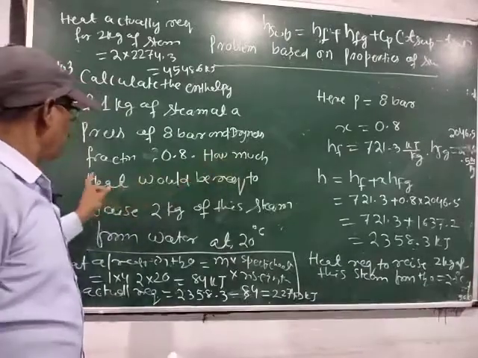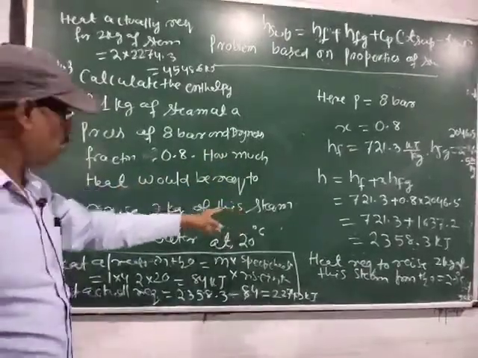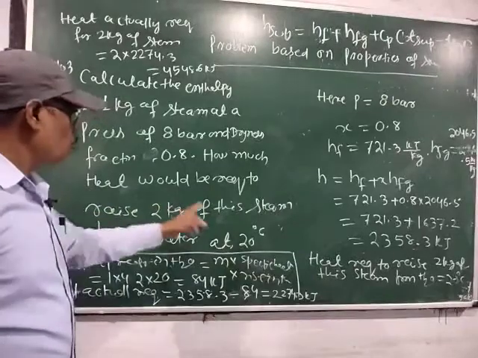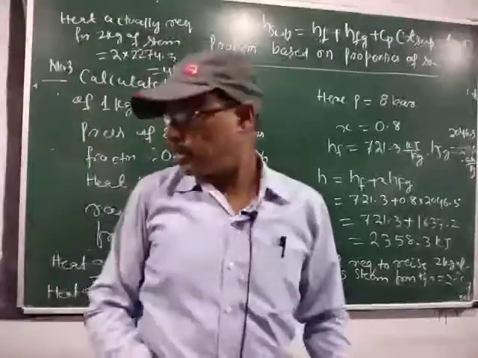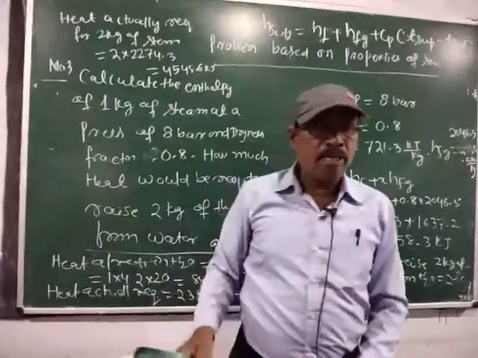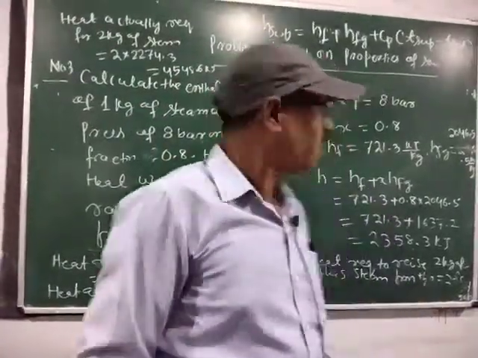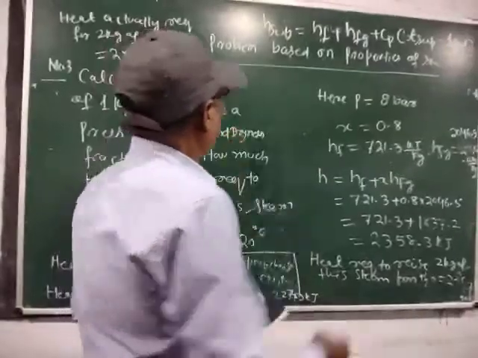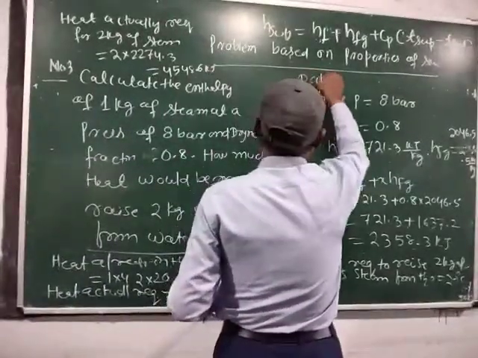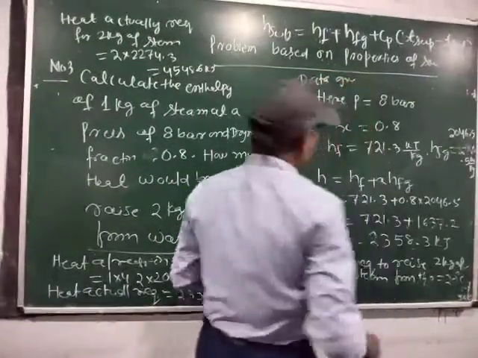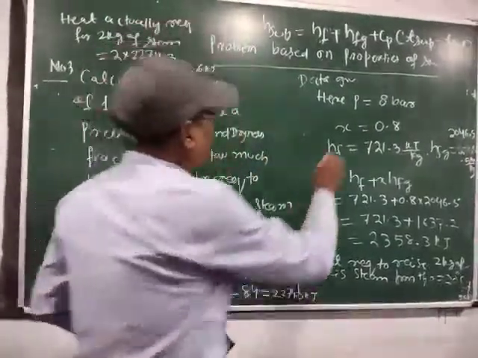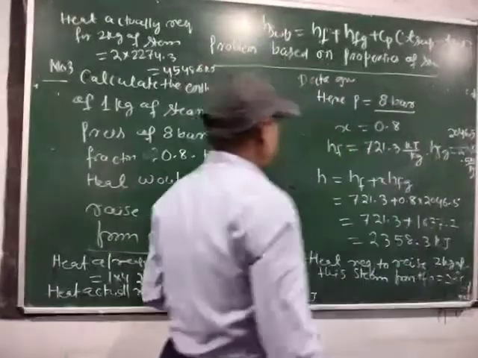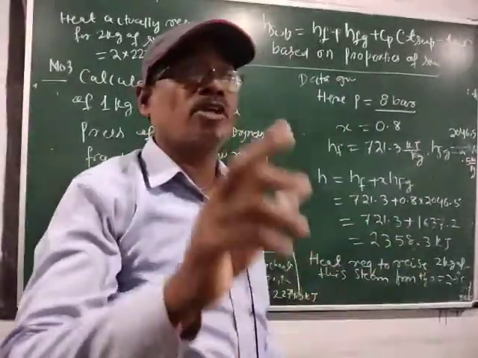How much heat would be required to raise 2 kg of this steam from water at 20 degree centigrade? Data given. Here P is equal to 8 bar pressure, X is equal to 0.8.